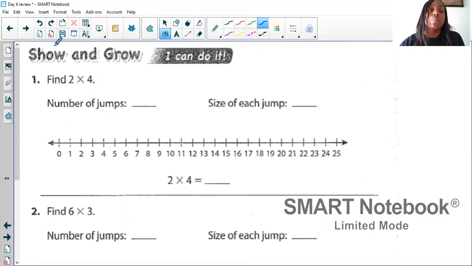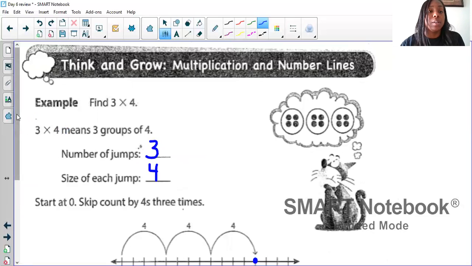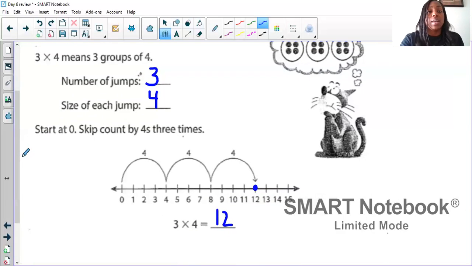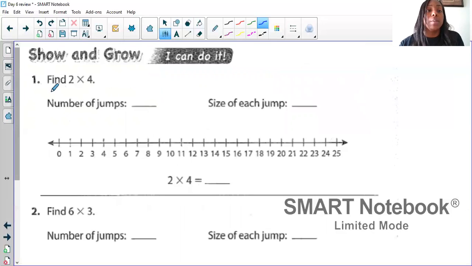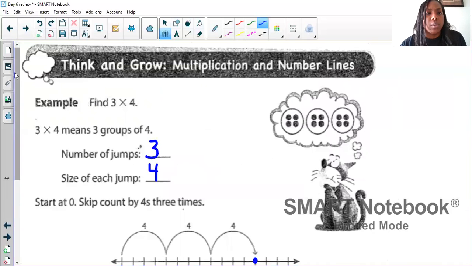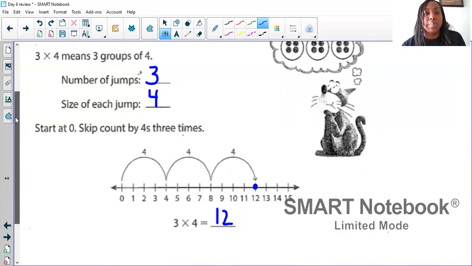So remember, we were just over here and we learned that 3 times 4 means the number of jumps, 3, and the size of each jump is 4. So if we come over here, find 2 times 4. So what are the number of jumps that we need to take? You want to go back one more time and take a look? Okay, I understand. Sometimes it's hard to remember.